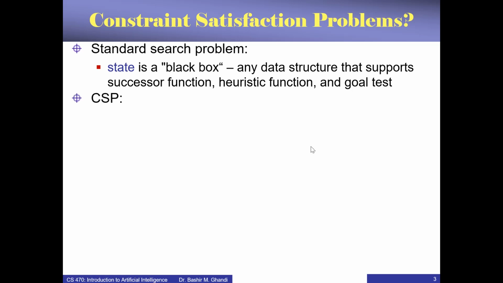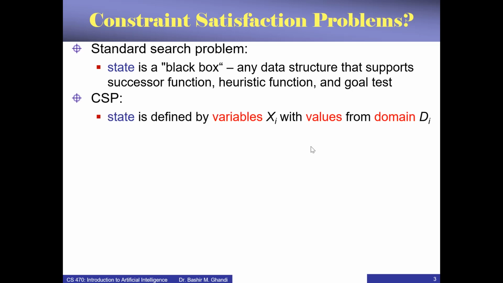However, in constraint satisfaction problems, a state is not considered as a black box. In fact, it consists of a number of items. Every state will have a set of variables, xi, and a set of domains. So each of these variables will take values from a certain domain.